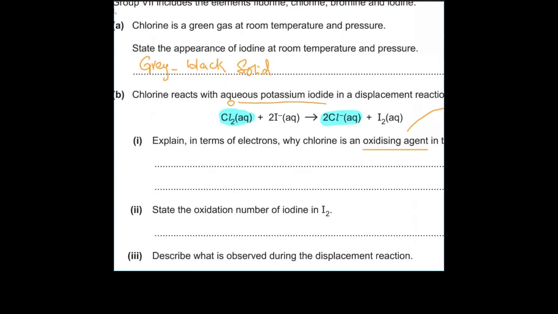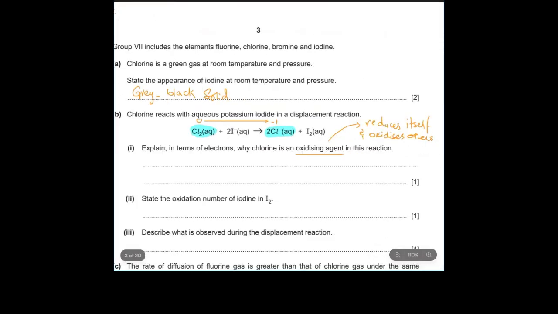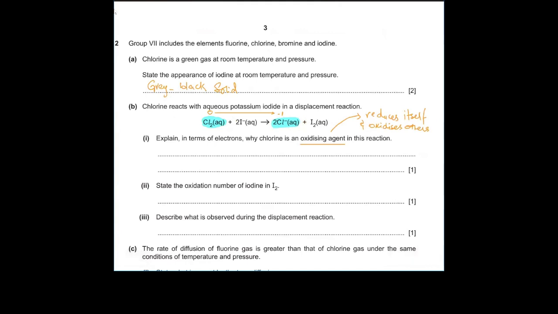And here the overall charge is -1, and there are 2 ions, so for each chlorine it would be -1. So this means that chlorine gained electrons. They're asking us in terms of electrons, right?